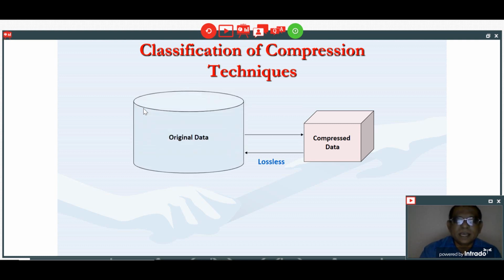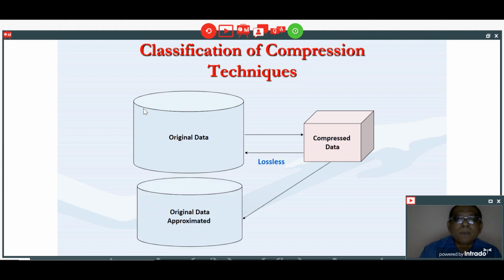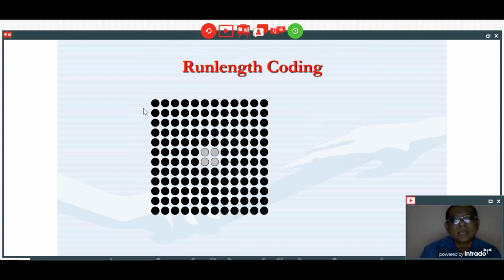From the compressed data, if we are not able to get the original, but we are able to get an approximate form of the original, as seen here, then it is called lossy compression. So there are two wide classes of compression. One is lossless, the other one is lossy. For medical image compression, mostly lossless is preferred.